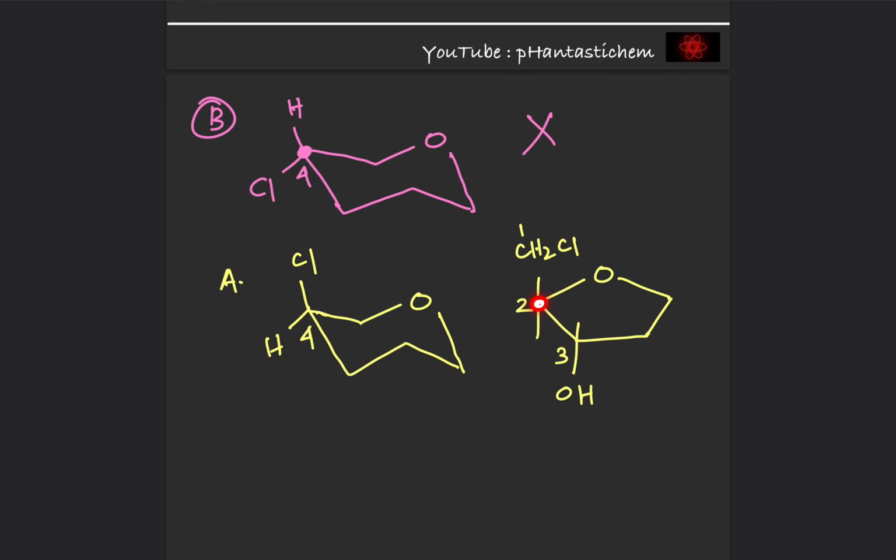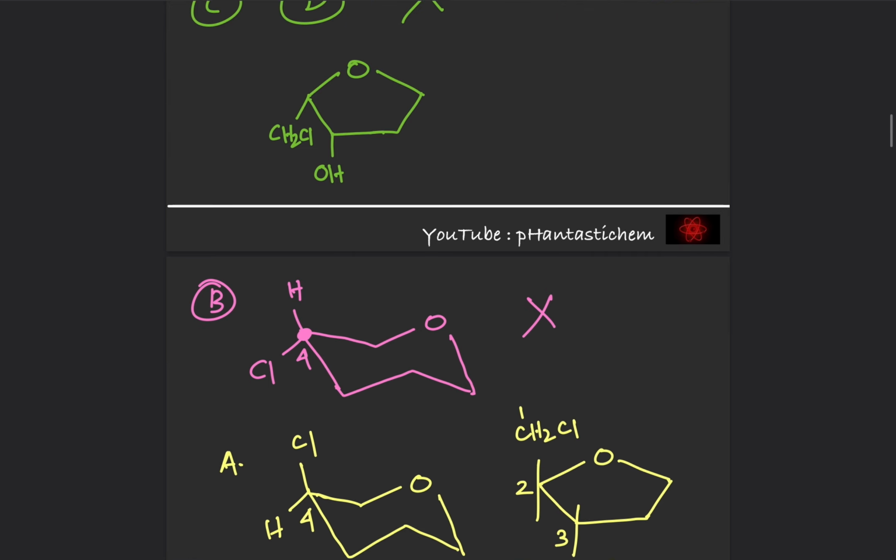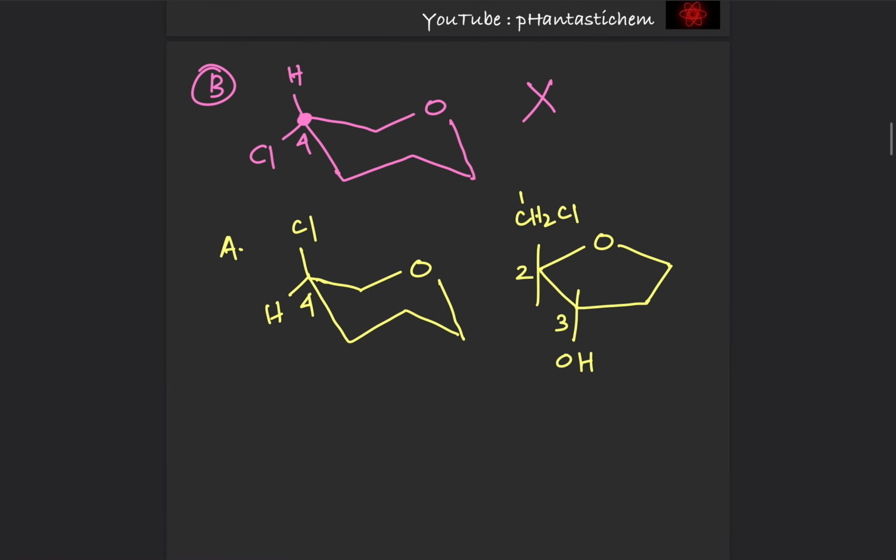You can see CH2Cl is above the plane, OH is below the plane, so they are opposite to each other. And in X, in the fructose part, CH2Cl and OH are on opposite sides of the plane. So A is correct because Cl is in up position and also CH2Cl and OH are on opposite sides of the plane.